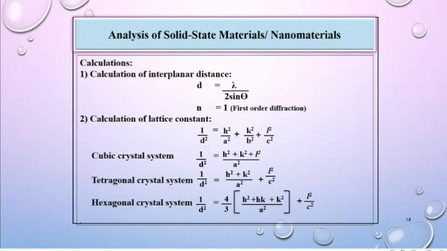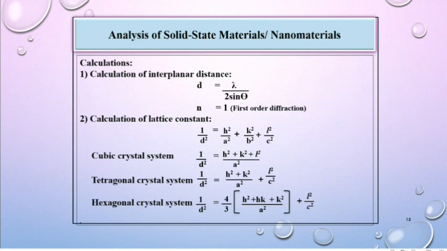For cubic crystal system, 1 upon d square equal to h square plus k square plus l square divided by a square. For tetragonal crystal system, 1 upon d square equal to h square plus k square divided by a square plus l square divided by c square.